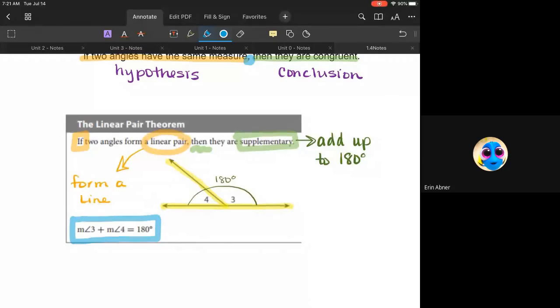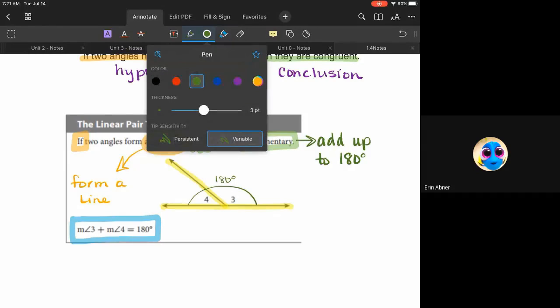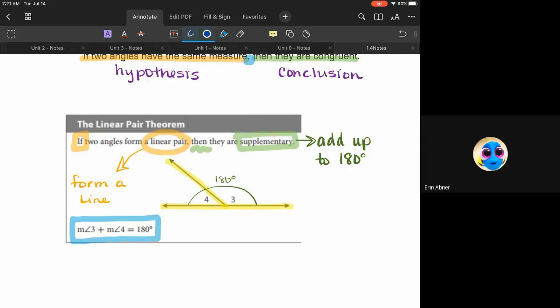M means measure. So the measure of angle. So we're looking at the measure of angle. So this means measure. Of angle.